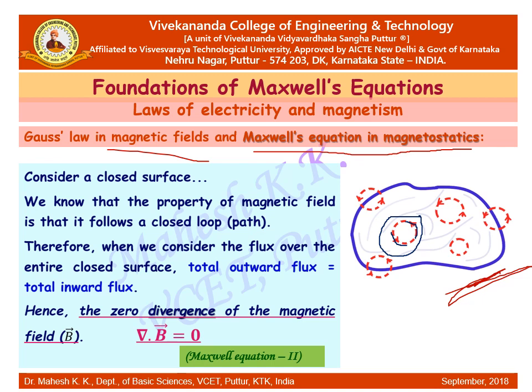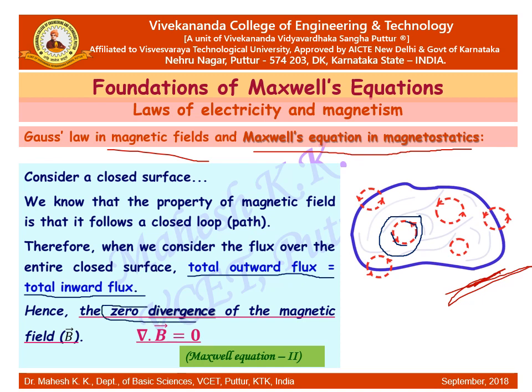Which means total outward flux is equal to total inward flux. That means whatever enters is going to exit. Then the divergence is going to be 0.